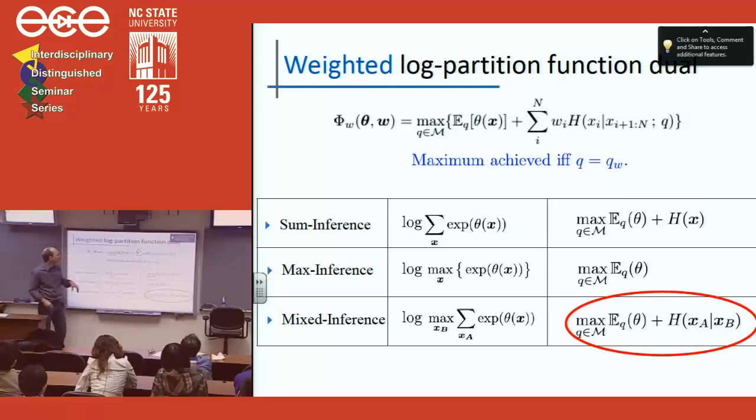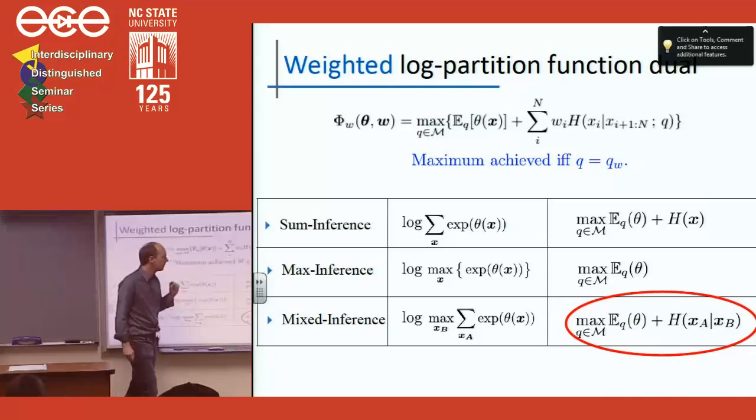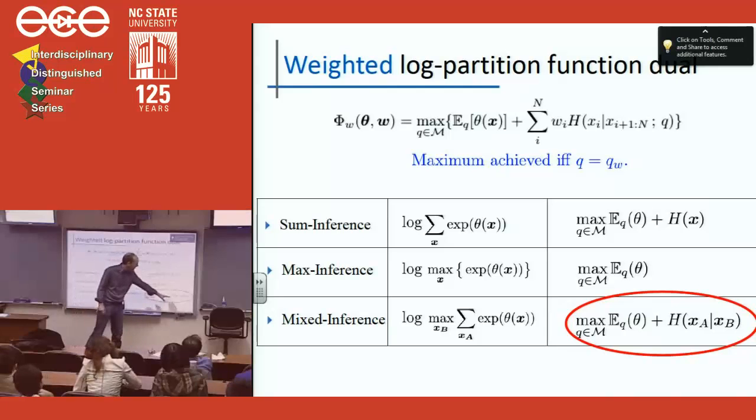And it turns out that in the mixed case, for marginal MAP in particular, where you have a bunch of maxes and then a bunch of sums, you get a conditional entropy. So your conditional entropy is on the sum terms given the max terms. And you can see this has the right endpoints.